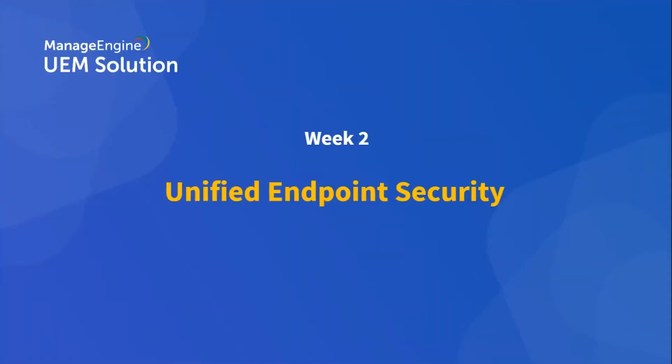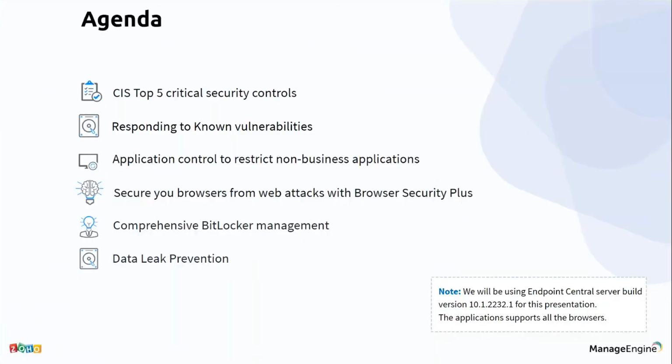In today's session, we are going to take a look at unified endpoint security. The agenda is as follows, starting from the Center for Internet Security's top 5 security controls on how to respond to the known vulnerabilities and mitigate those vulnerabilities, the remediation methods.